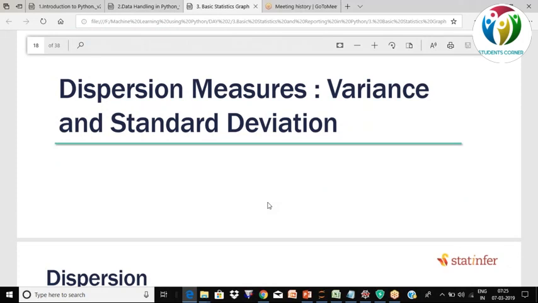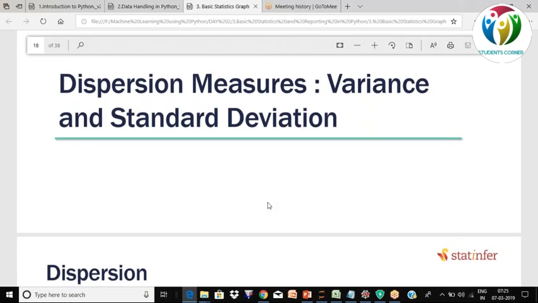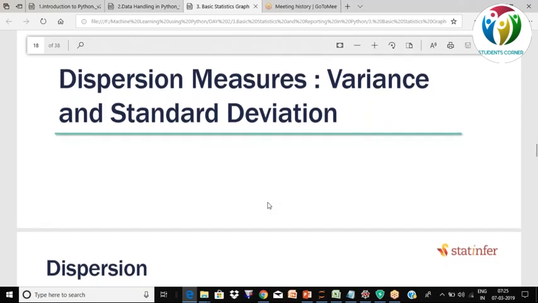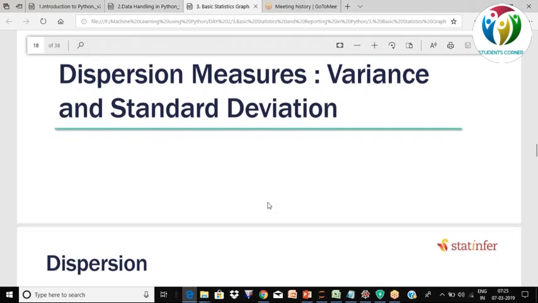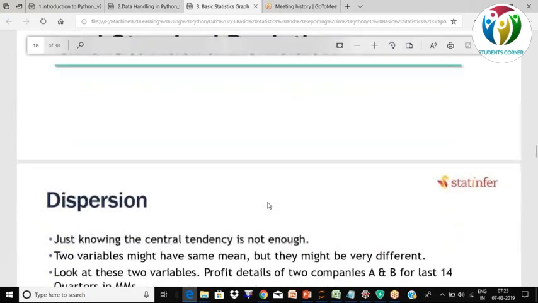Now, there are dispersion measures. There are two things we'll be learning now, variance and standard deviation. These are more towards statistics, and I hope you are understanding it. The mean and median was pretty simple. I'm sure you must have heard about it earlier. But is anyone aware of variance and standard deviation?